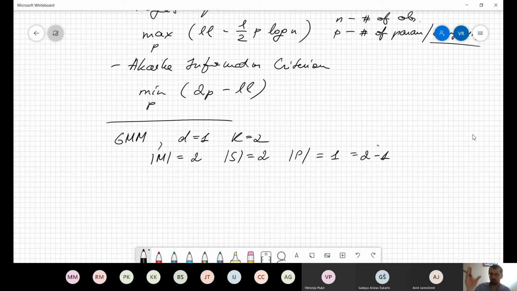We exclude 1 because the priors sum to 1, so 1 is known and not a parameter. We have just 1 as an uncertainty.